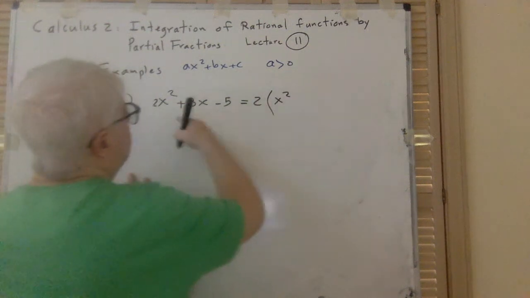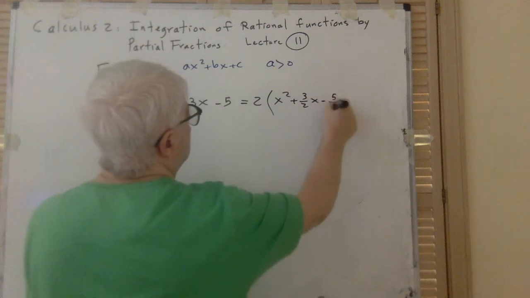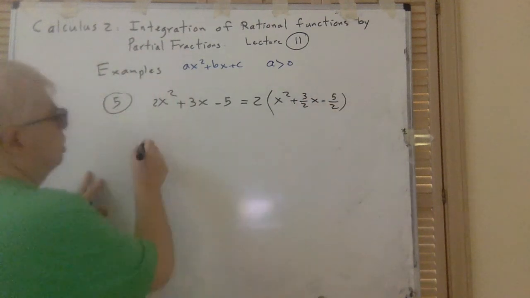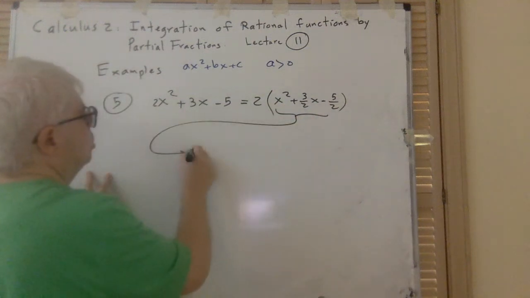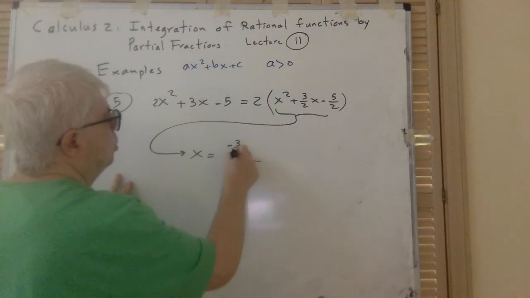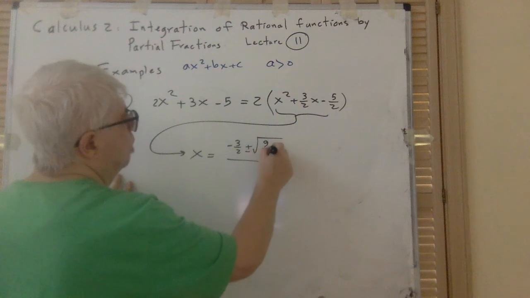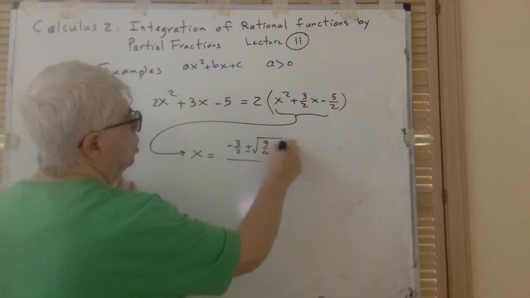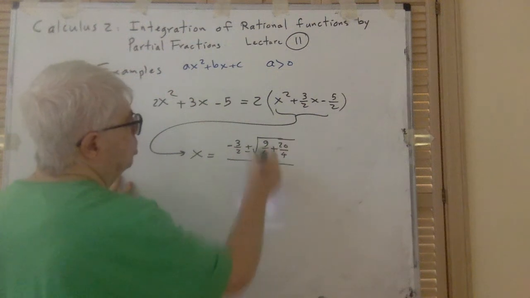So this is x squared plus 3 over 2 x minus 5 over 2. So the inside one has roots, without the 2, minus 3 over 2 plus minus the square root of 9 over 4 plus 20 over 4, divided by 2.